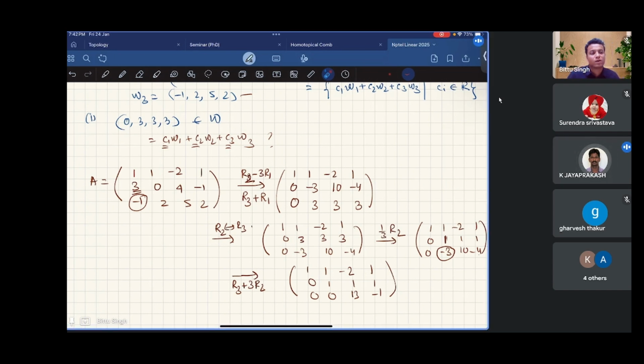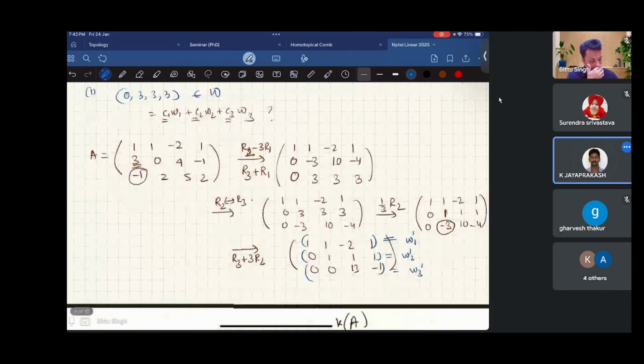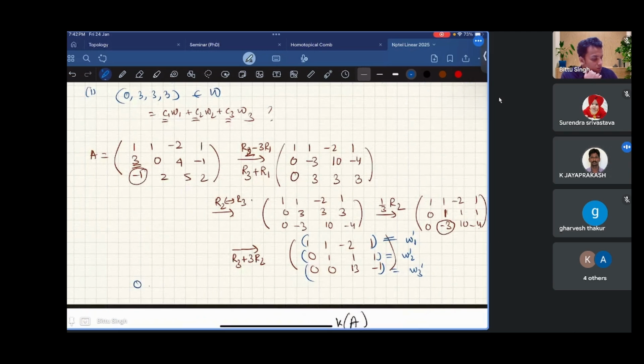Suppose the first row is W1 dash, the second row is W2 dash, and the third row is W3 dash. Can you write 0, 3, 3, 3 as c1 W1 dash plus c2 W2 dash plus c3 W3 dash? Can you write it like this?